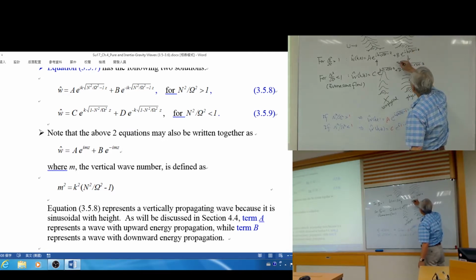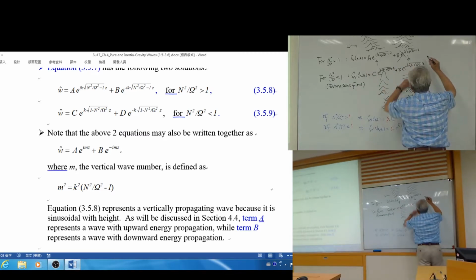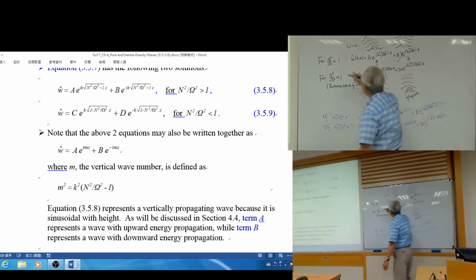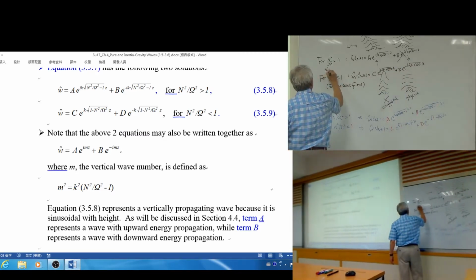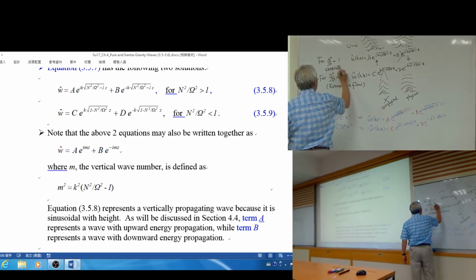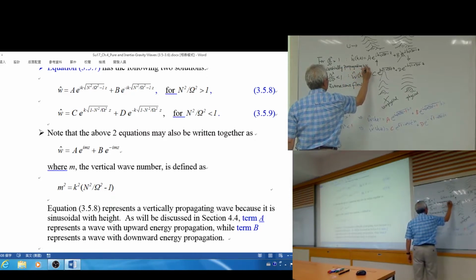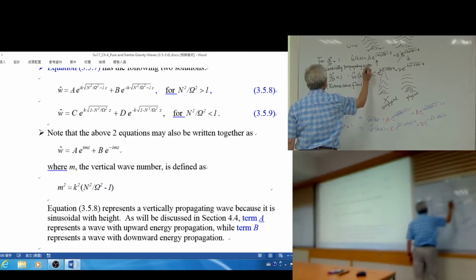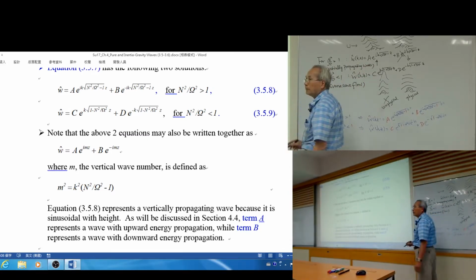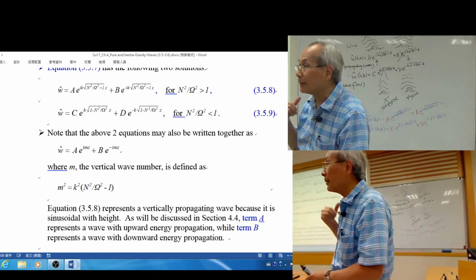So choose this one. This kind of solution we call vertically propagating waves. So you have two wave regimes. It's very important. Make sure you understand this.